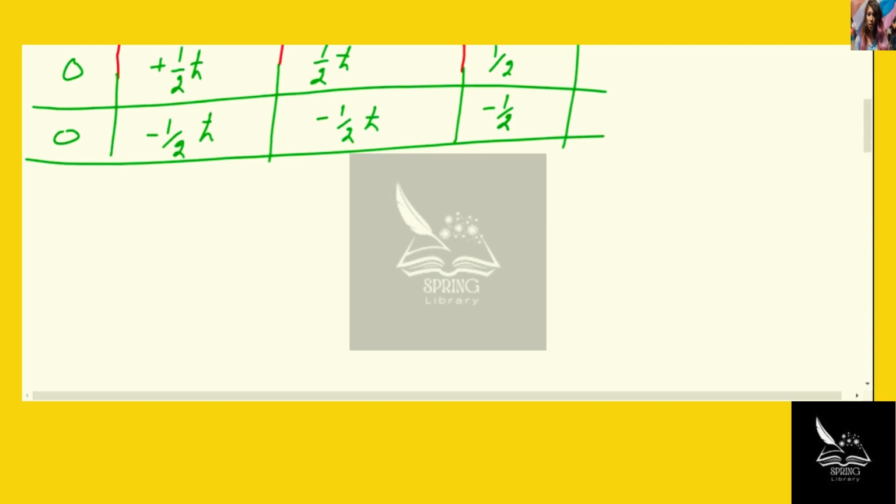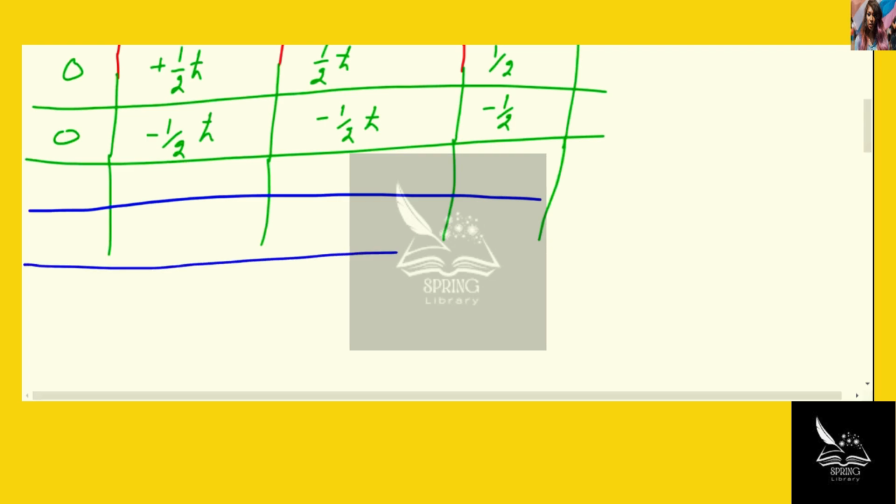Now for z component of orbital angular momentum equal to minus h cut, and for z component of spin angular momentum equal to plus half of h cut, we get z component of total angular momentum equal to minus half of h cut.